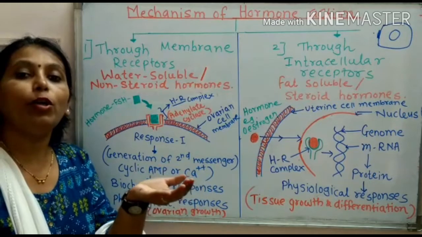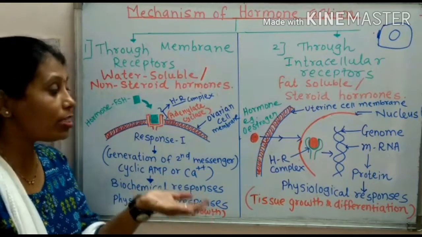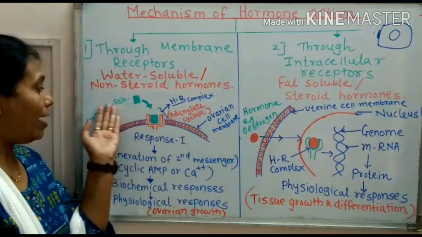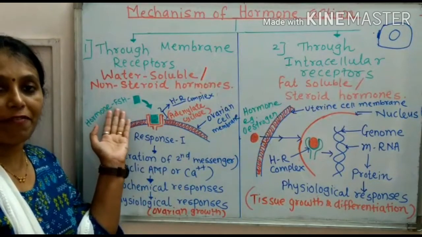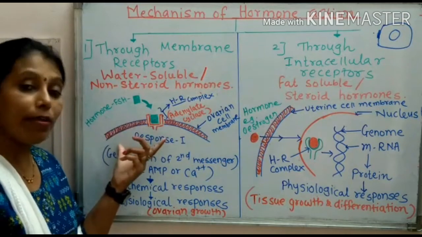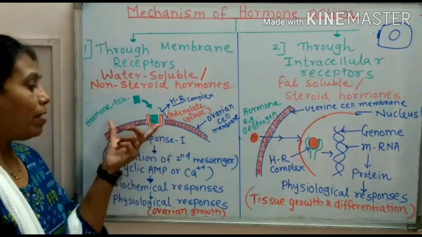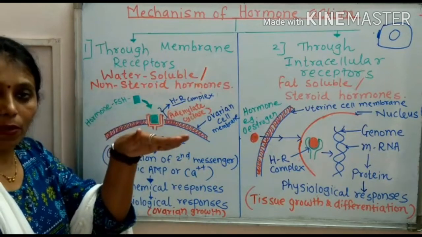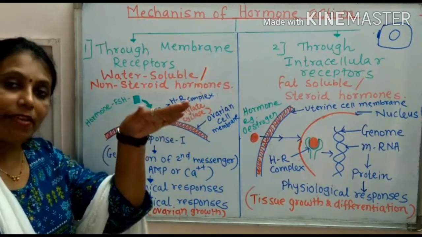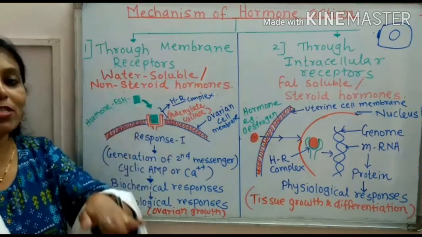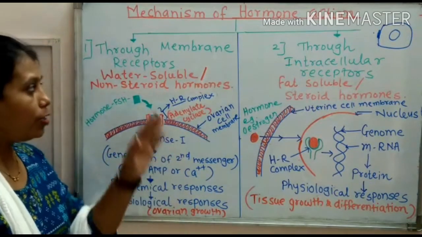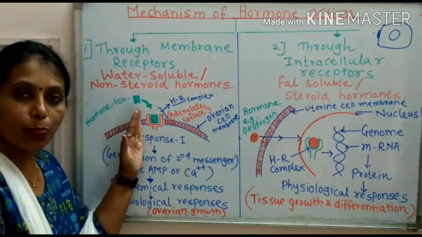The growth of the ovary takes place, because we have taken the example of the ovarian cell membrane and the FSH hormone. So remember, the hormone receptor complex forms on the cell membrane, the hormone acts as the first messenger, and it is responsible for generation of the second messenger. Is that clear? So this is about water soluble hormones.